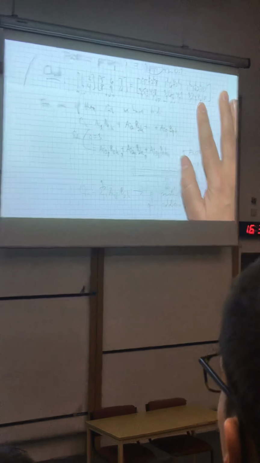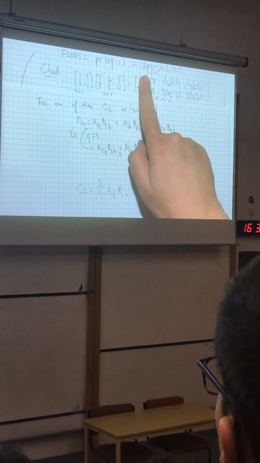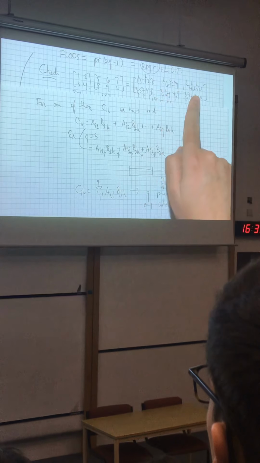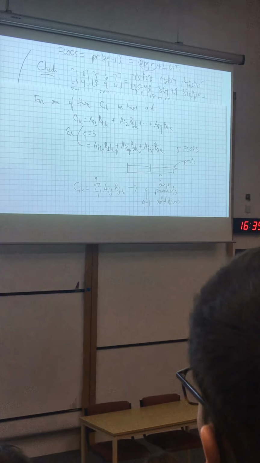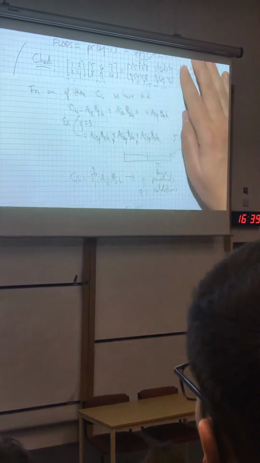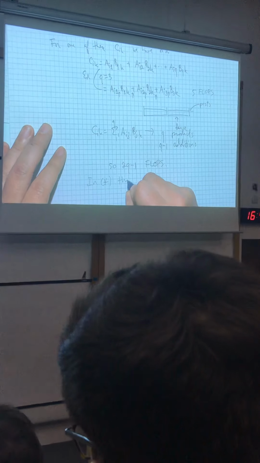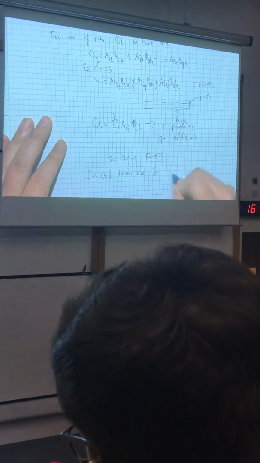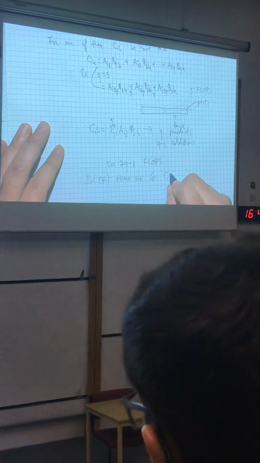So how many C's do I have here? We can count. 1, 2, 3, 4, 5, 6. I have 6 of those, right? So in this example, let's call this example star, in star, there are 6 C_IK.